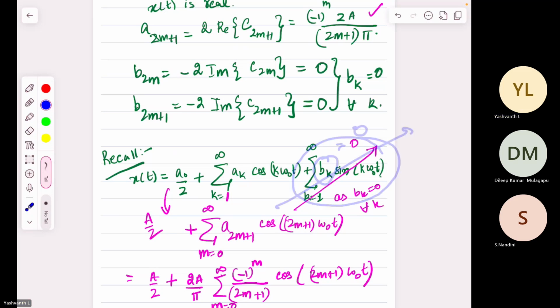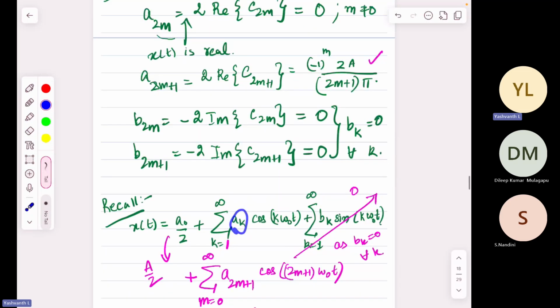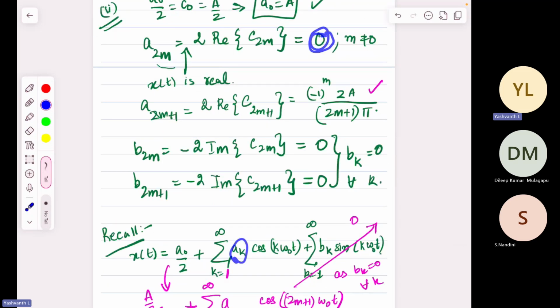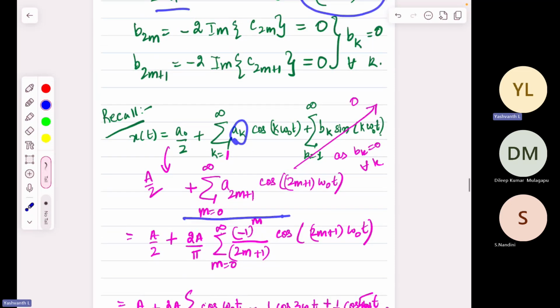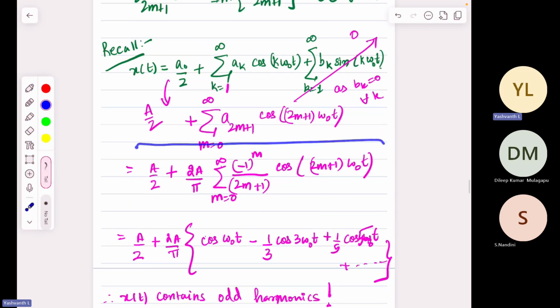But for a_k, what did we see? Whenever k is even, this is 0. Whenever it is odd, it takes this number. Therefore, we retained only the 2m plus 1 terms. This is the trigonometric Fourier series expansion of the square signal that we saw.